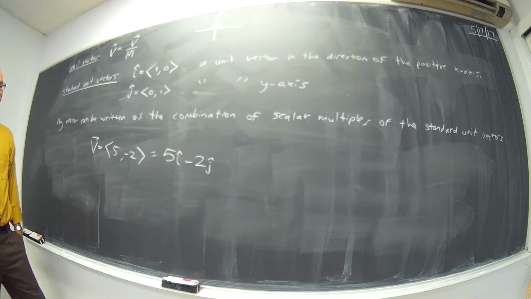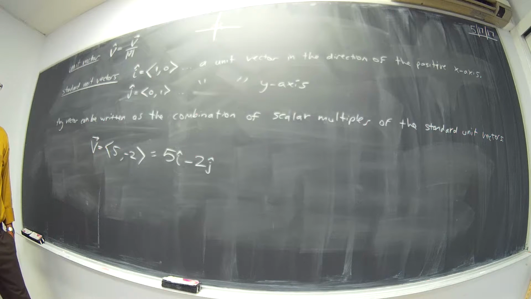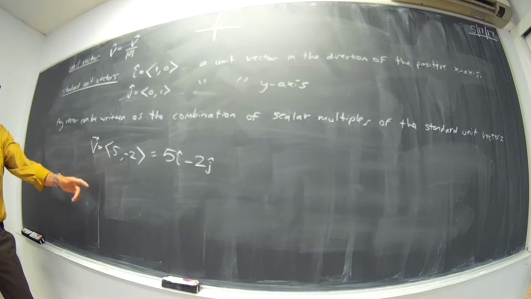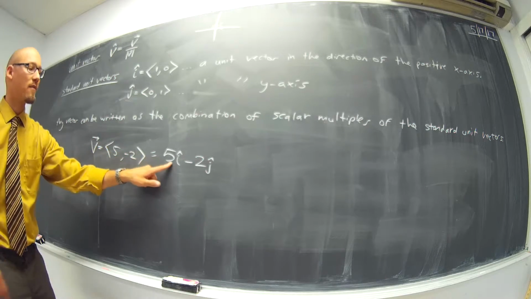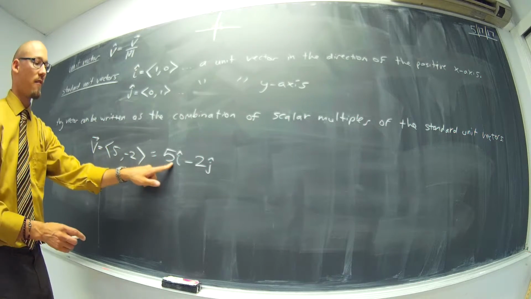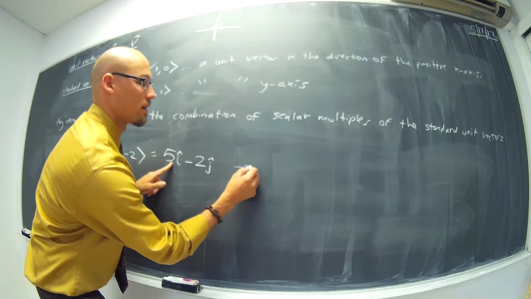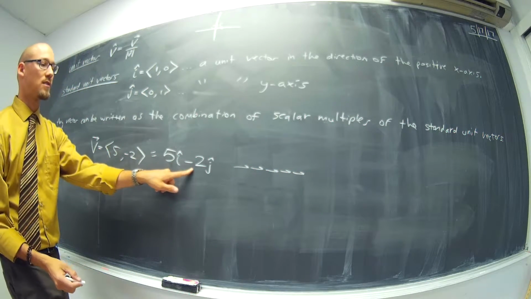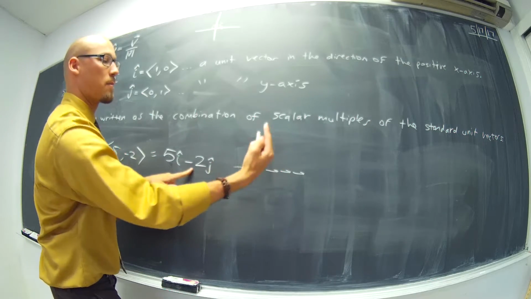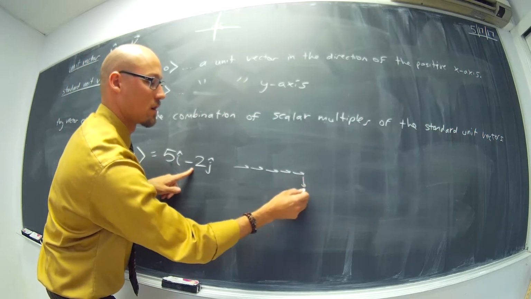So there's a different way of writing an ordered pair? Think about what this looks like. You have 5 I hats, 5 of these little fellas, and you're going to subtract 2 j hats. So instead of going up 2, you're going to go down 2.